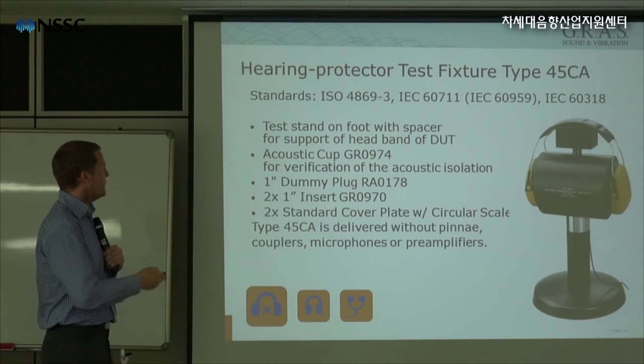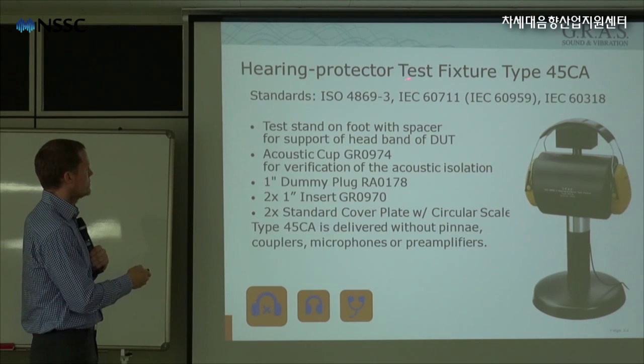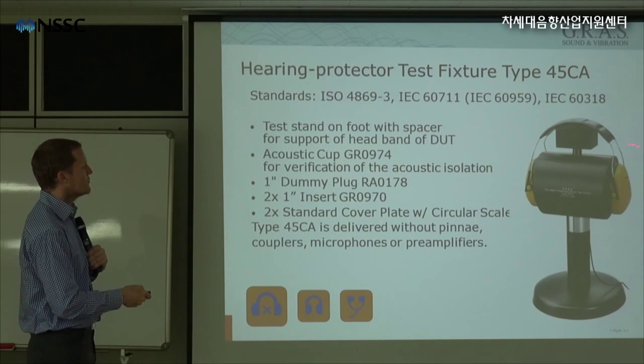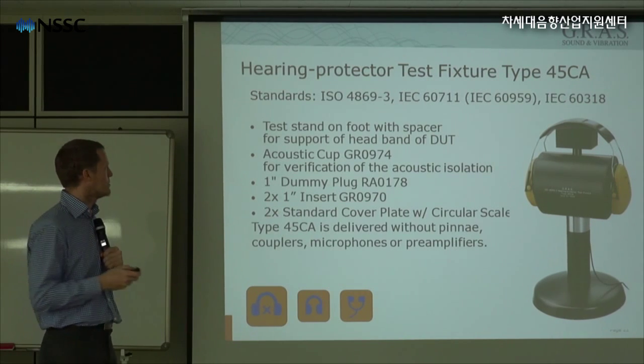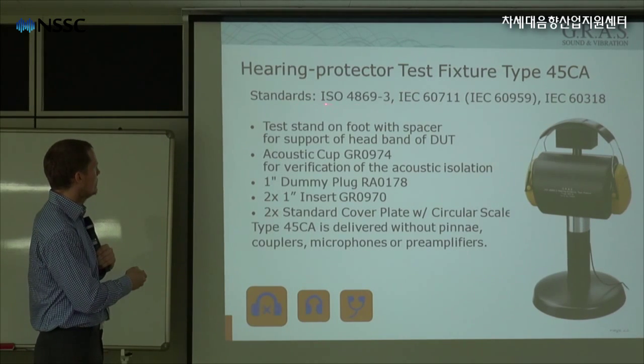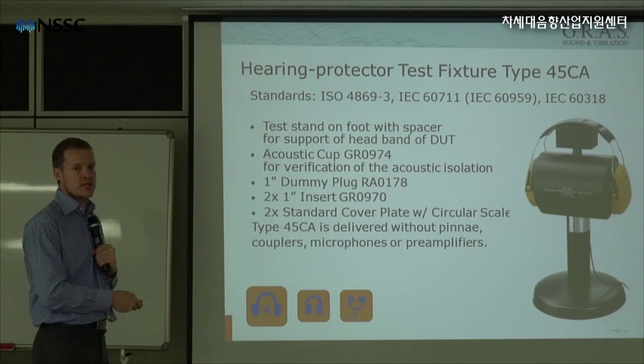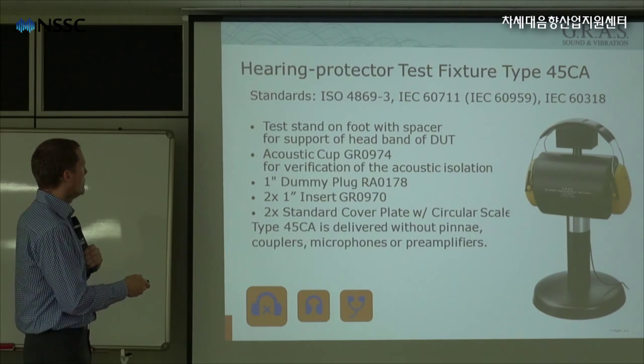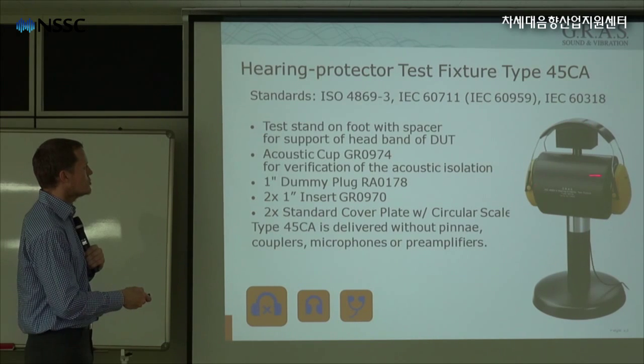Another test jig we have is the hearing protector test fixture. This is for testing hearing protectors. There is a standard, ISO 4869, that specifies how to equip the test fixture. This is a stand with 2 sides.